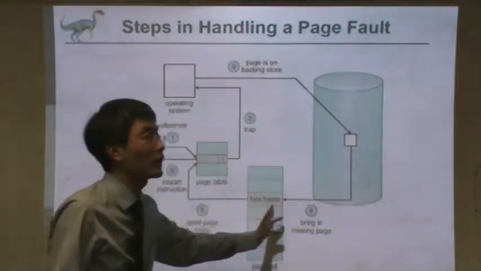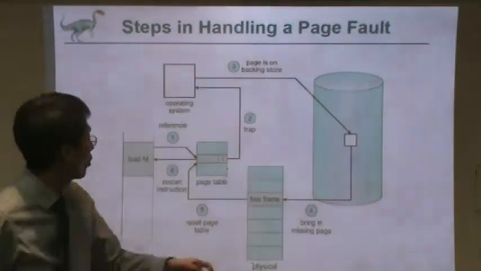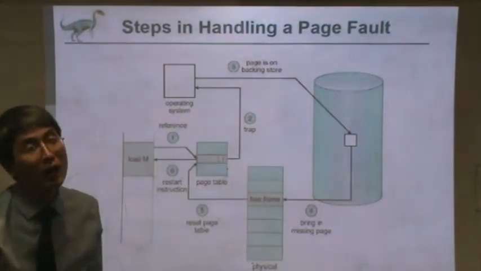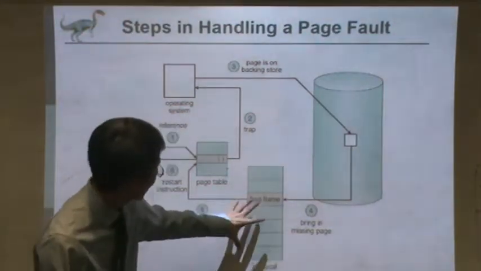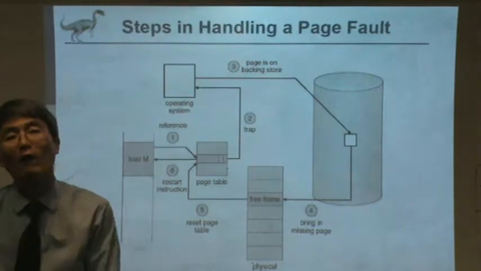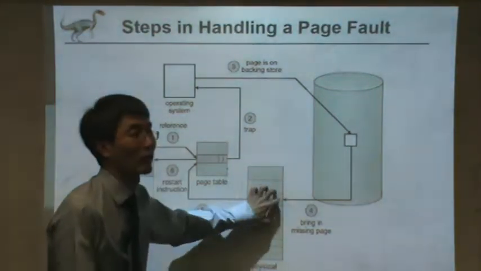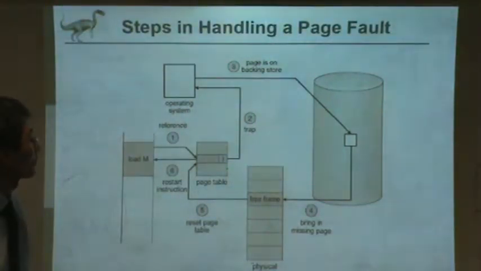Invalid means it's already paged out. It's in the virtual memory space. So we need to bring that page into the physical memory. At that time you need to find a free frame, a free page frame. We will talk about the details of how to find the free page frame. That is the key part of the pager.